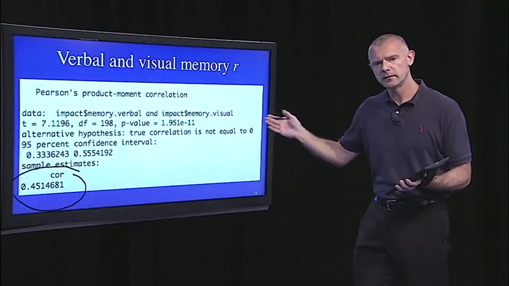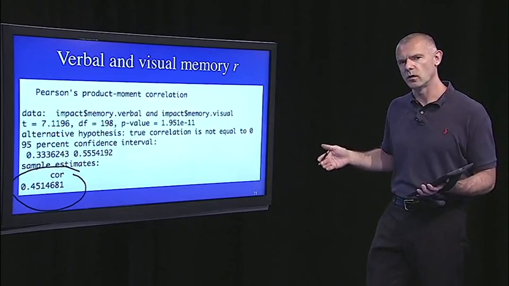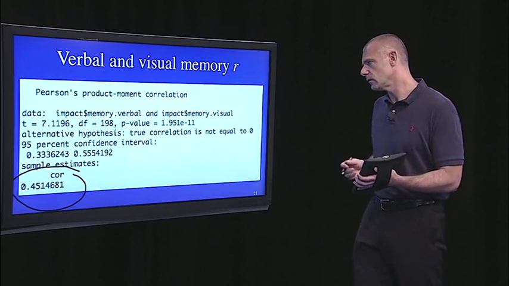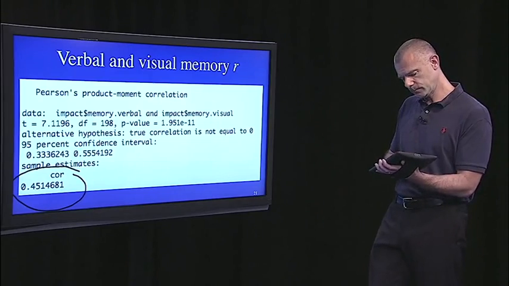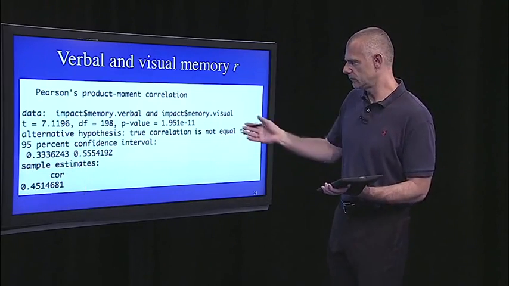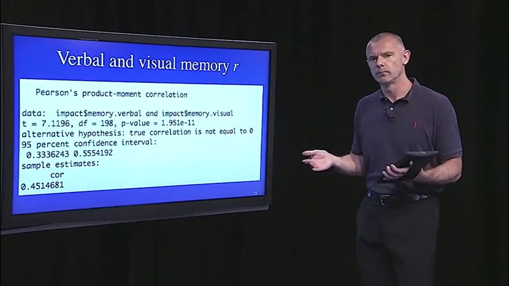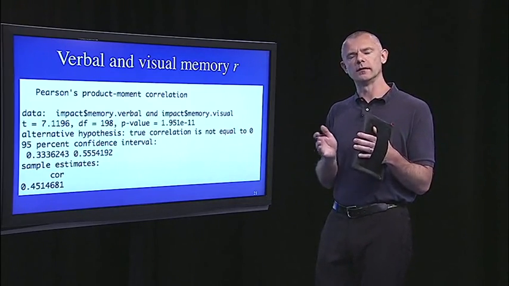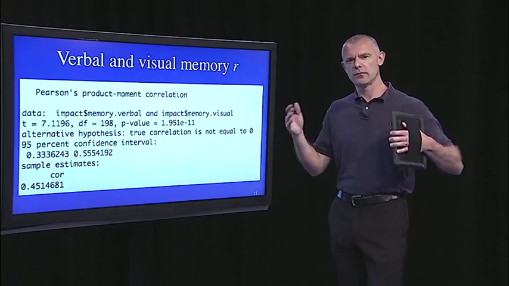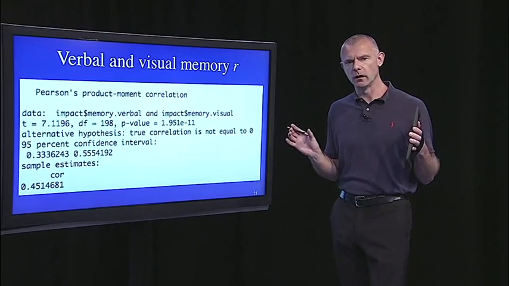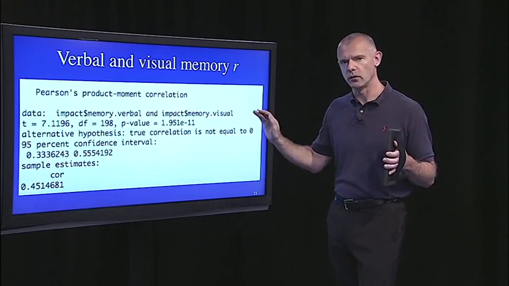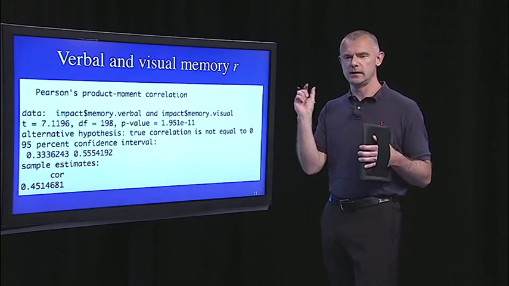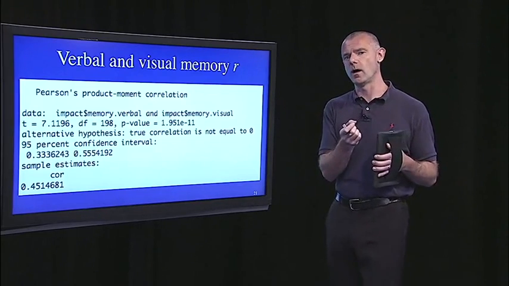R gives you lots of other things that we'll talk about as we talk in more detail about null hypothesis significance testing and confidence intervals. A couple of things to point out: there's 198 degrees of freedom. What does that mean? Well, that's the number of data points in this correlation analysis that are free to vary. If you remember the formula for the correlation coefficient, we calculated the sum of cross products by getting deviation scores on x and deviation scores on y.